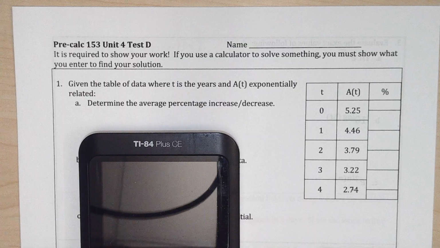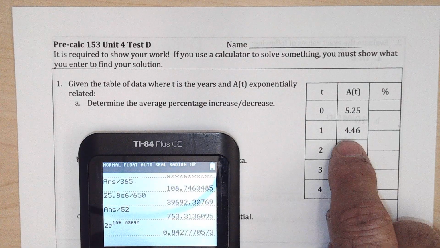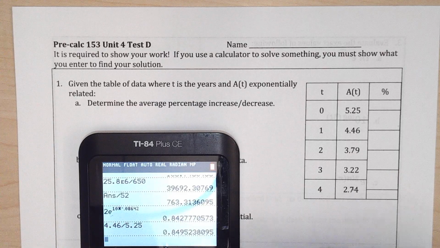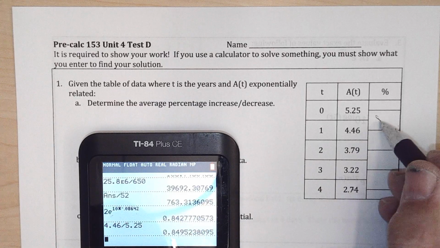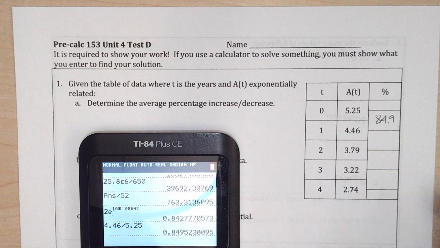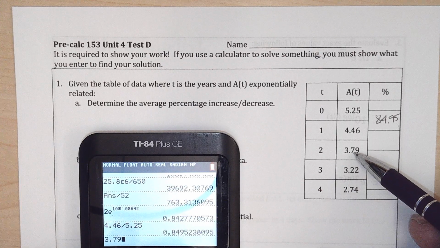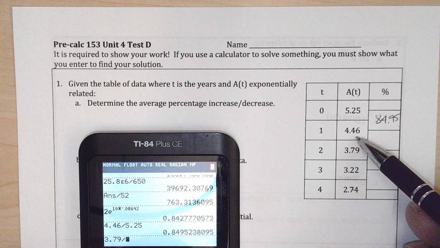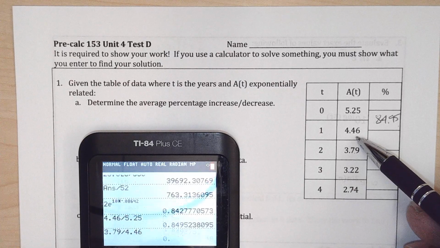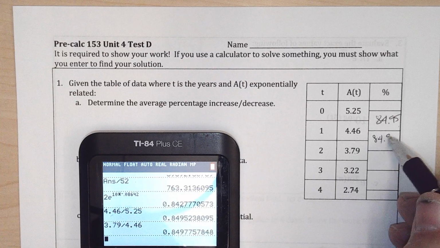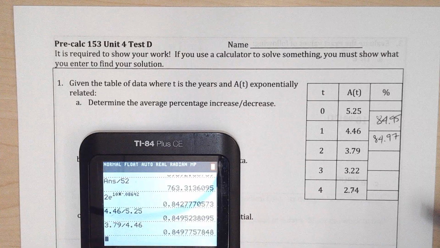We do the same process, so we have to take 4.46 divided by the one before, 5.25, and we get 84%, 0.95, and 3.79 divided by 4.46, enter, we get 84.97%.